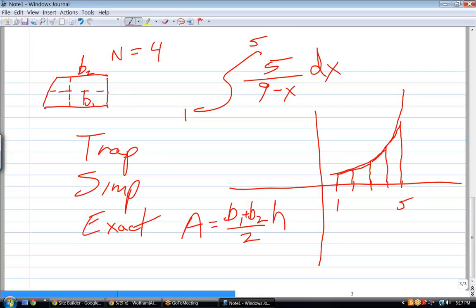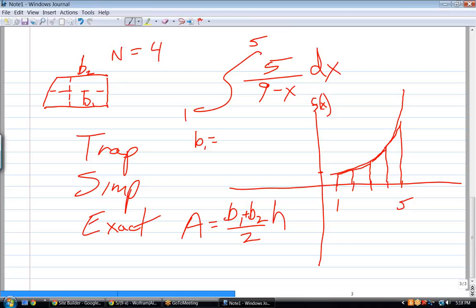So the area of the first trapezoid, what's the base 1? If this is f of x, what would I call the base 1? 1.